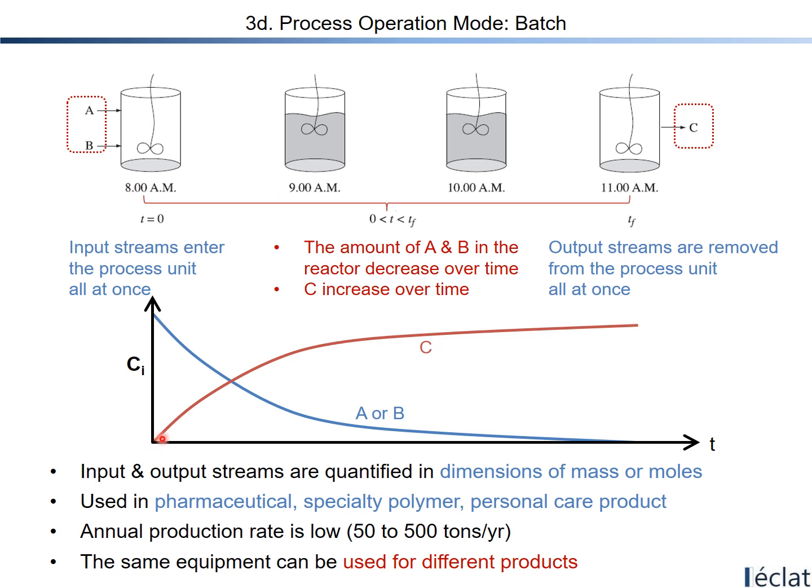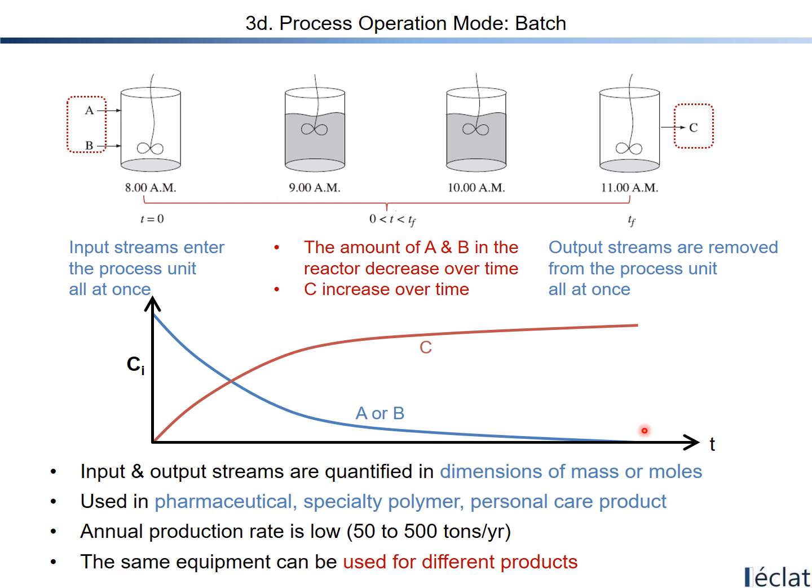Of course, at time equal to 0, there is no product C. However, over time, the amount of A and B in the reactor decreases, and at the same time, the product C increases. At time equal to 3 hours, output streams are removed from the process unit all at once.